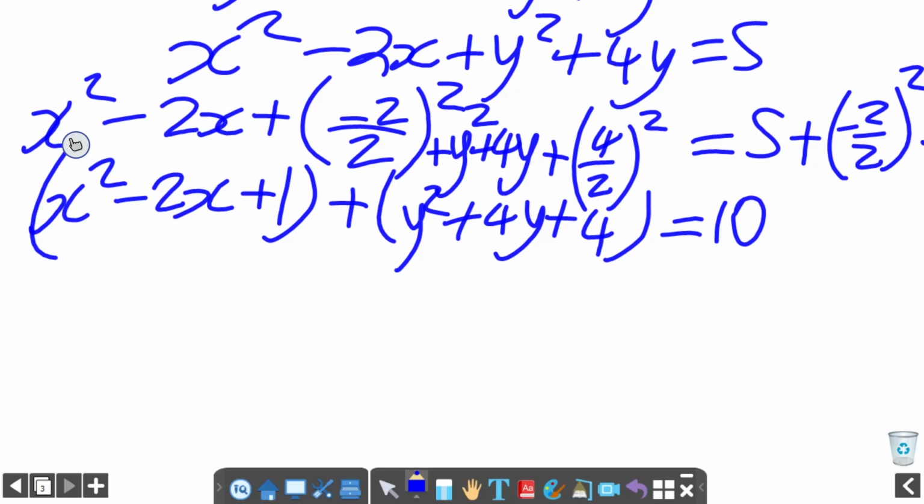You open a bracket. So how do you do this? Who can help me? To factorize this bracket.